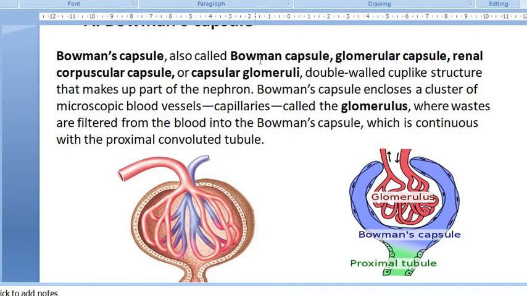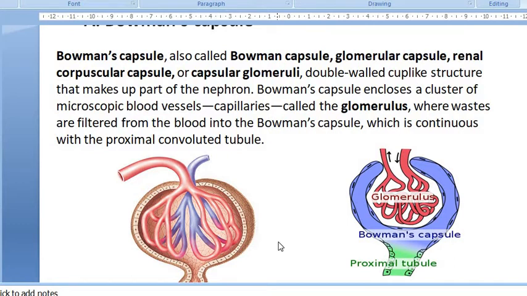The Bowman's capsule, also called the glomerular capsule, renal corpuscular capsule, or capsular glomeruli, and as I have told you Malpighian corpuscle, is a double-walled cup-like structure that makes up the upper part of the nephron, the first part of the nephron.